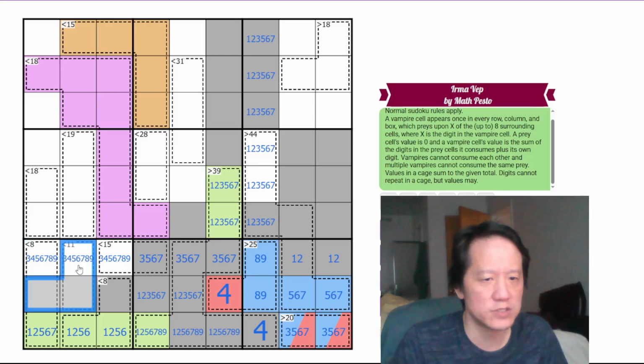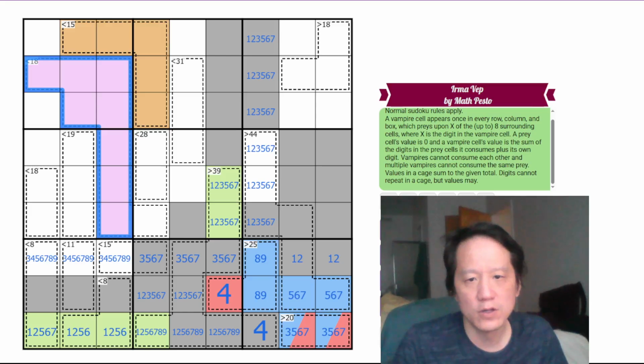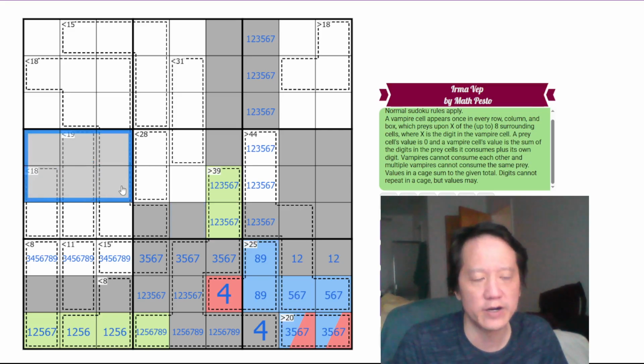The vampire would suck whatever these are, but then this would add up to 7 plus 7 plus 10, which is 24. So this cannot be the vampire either. Okay, so we've highlighted the ones that we know. So this can't be vampire either. So the vampire has to be one of these 3 cells, which means the rest of the box cannot be a vampire.